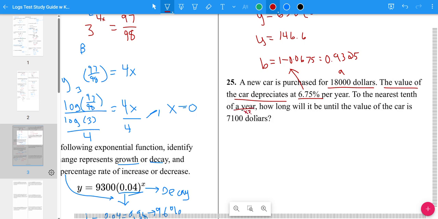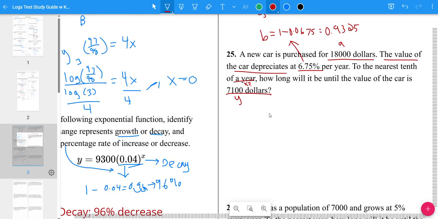And then to the nearest tenth of a year, we don't know x. We don't know our time. How long will it be until the value of the car is this? So when my ending value is this, this is my y. So if I plug this into y equals ab to the x, I've got 7,100 equals 18,000 times 0.9325 to the x.